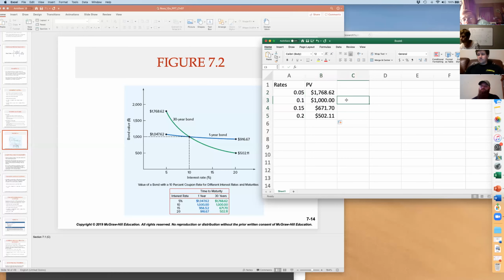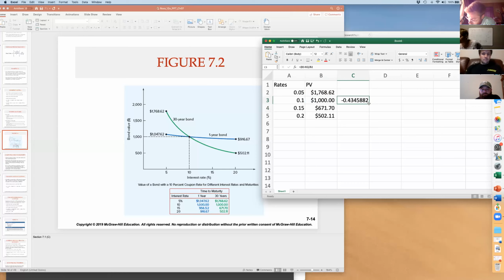When interest rates go from 5 to 10%, then the percentage change here, we're going to get 1,000 minus 1,700, all divided by 1,700. So that bond actually fell by 43% when it went from 5% interest in the market to 10%.